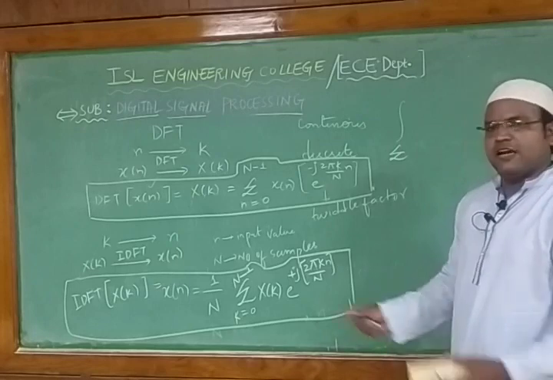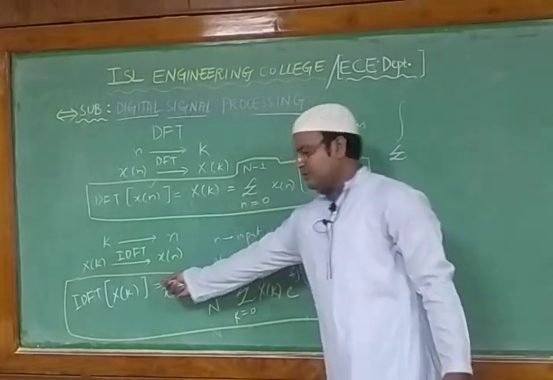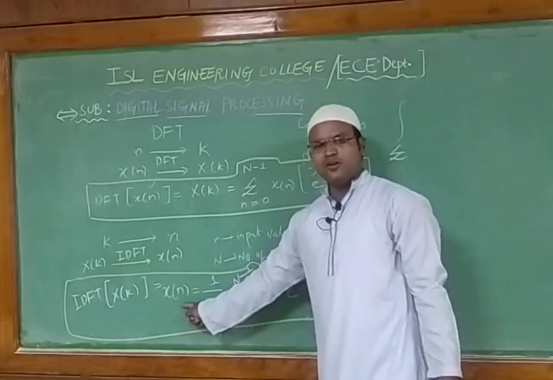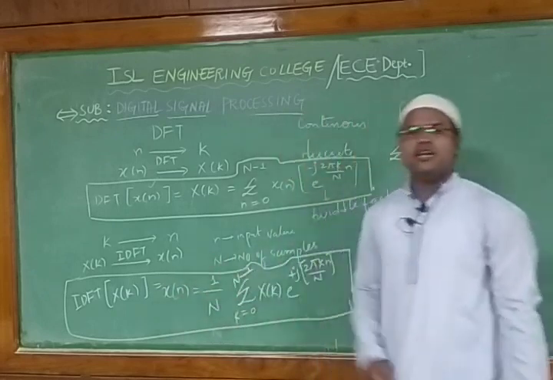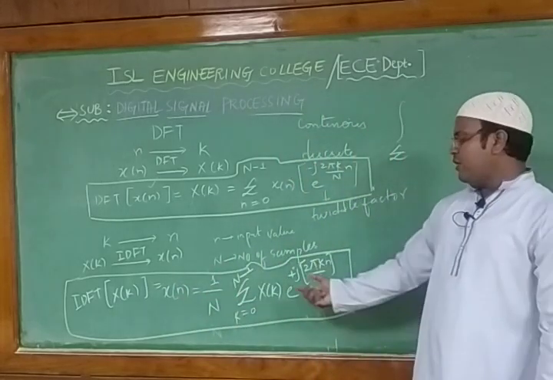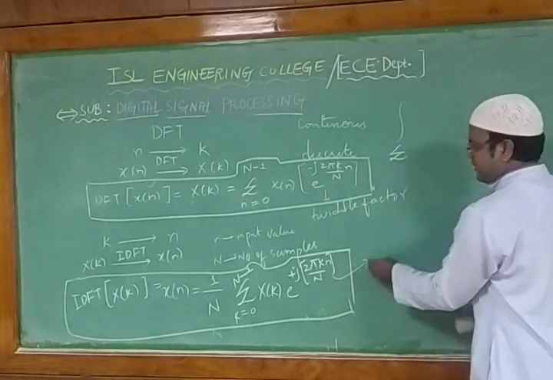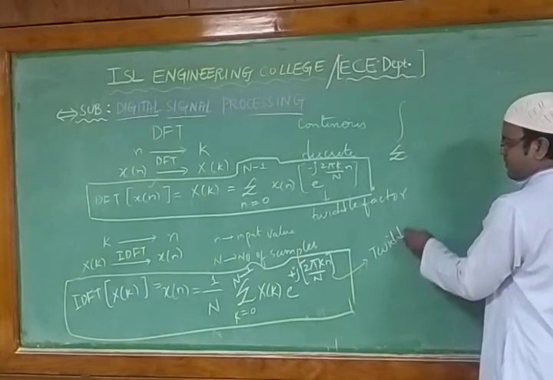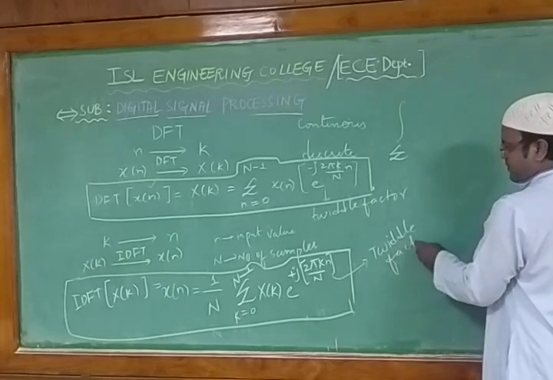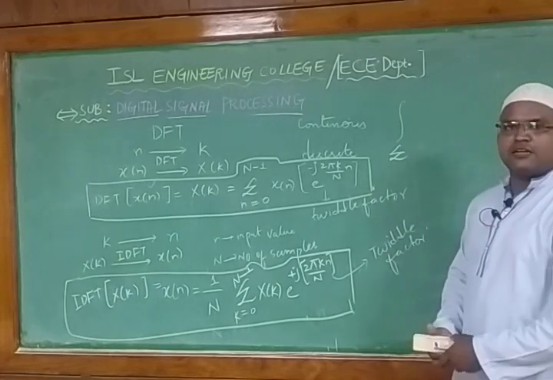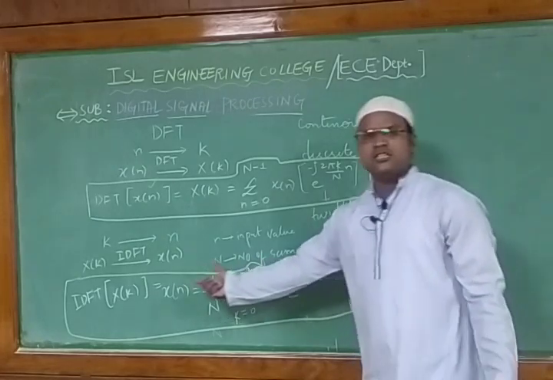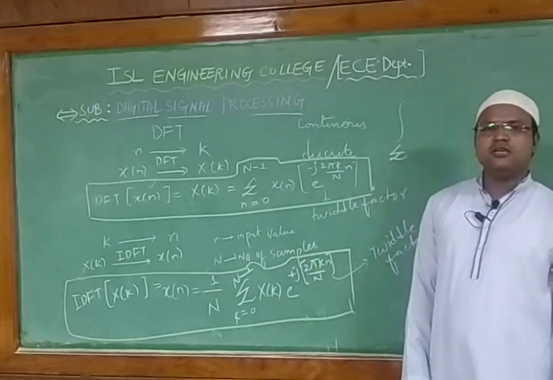So by using this factor we can convert your input samples into a specific value. They'll give you the number of samples in the question, we need to apply this formula, and what is this factor called? Again, this is nothing but your twiddle factor. By using this twiddle factor, we can convert your function into the respective function value.